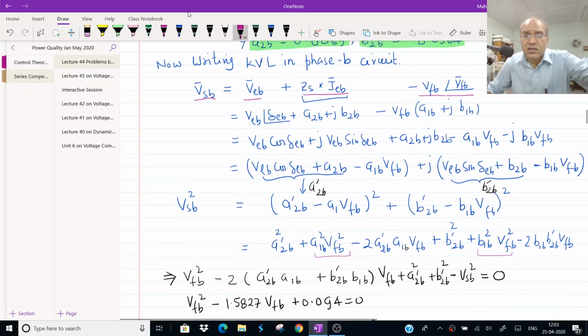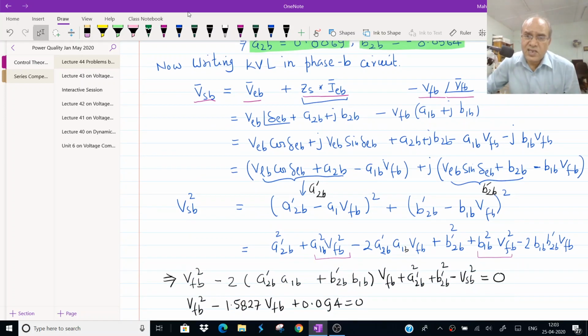Substitute them back, you will find there is a slight modification in the equation, and you can check here that there is now an additional term, VLB cos delta LB, the angle of the load voltage in phase B. This is delta LB. This is not zero. Actually in the beginning it was zero, so you had a reference phasor, but this is not zero. This is minus 120 degrees compared to the phase A voltage. So therefore we have to consider its real and imaginary parts.